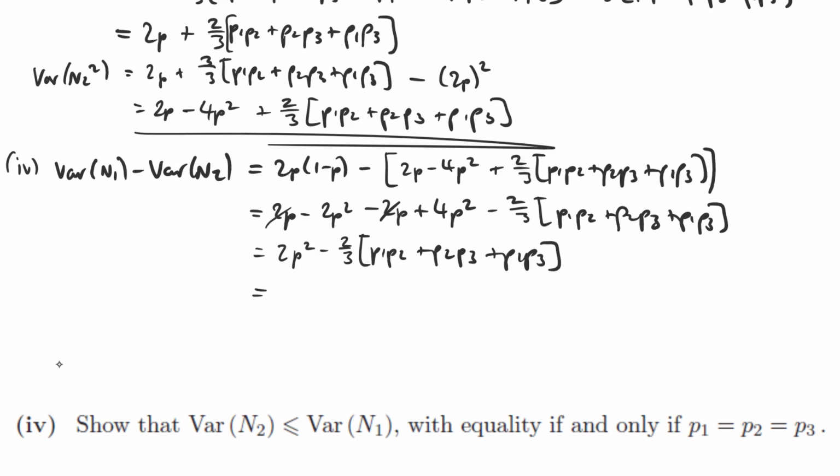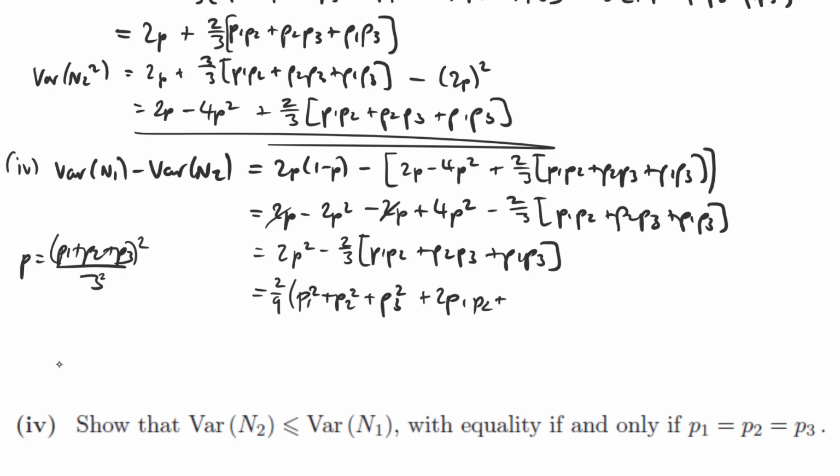So remember, p is p1 plus p2 plus p3 all over 3, so p squared is going to be this thing on the top squared over 3 squared, so I'm going to get 2/9 here times p1 plus p2 plus p3 squared, and that's p1 squared plus p2 squared plus p3 squared plus 2 p1 p2 plus 2 p2 p3 plus 2 p1 p3.